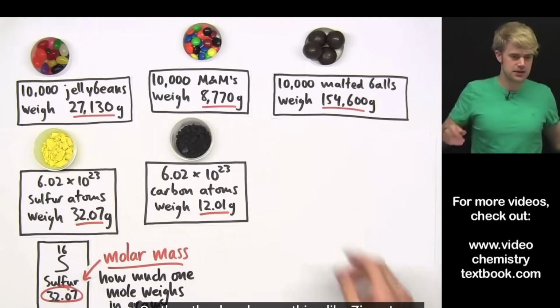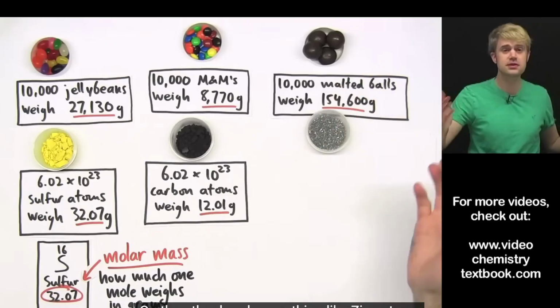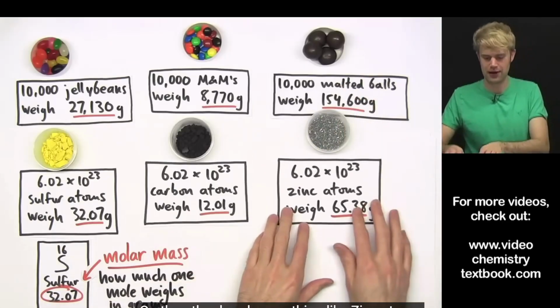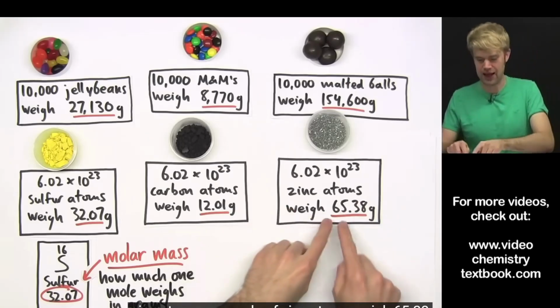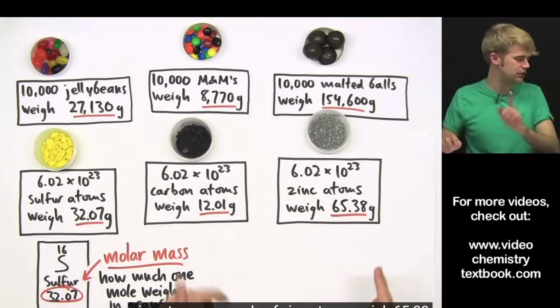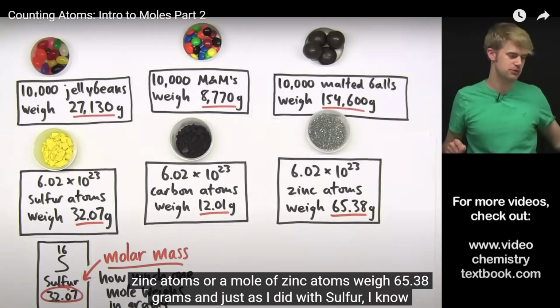On the other hand, something like zinc atoms are heavier than sulfur atoms. So 602 hexillion zinc atoms, a mole of zinc atoms, weigh 65.38 grams. So you can fill that in: 6.02 times 10 to the 23 zinc atoms weigh more. They weigh 65.38 grams.